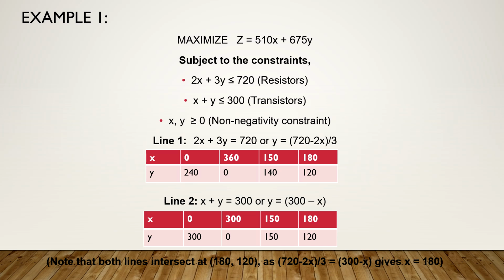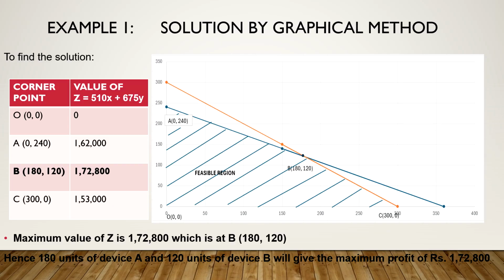Now put x equal to 180 in either of these two equations. You will get y as 120. So what we have done is get a point which satisfies the equations of both lines. So (180, 120) is the intersection point of these two lines. This is how you get the points for the constraints.